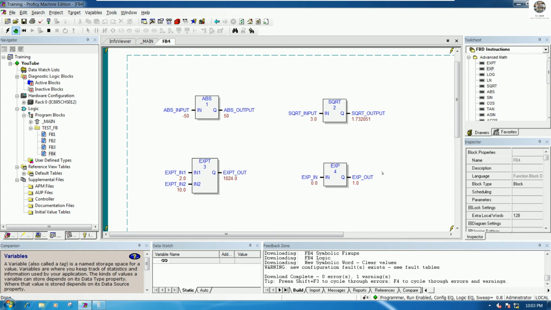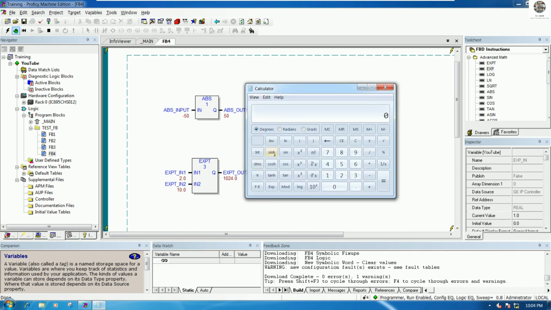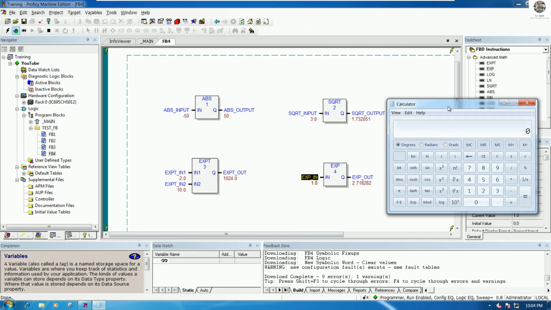For this one is the natural exponential. For example, 1, it means that like this. It means exponential, so I invert it.